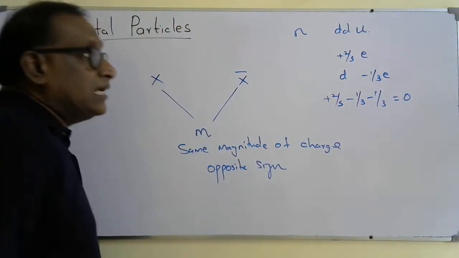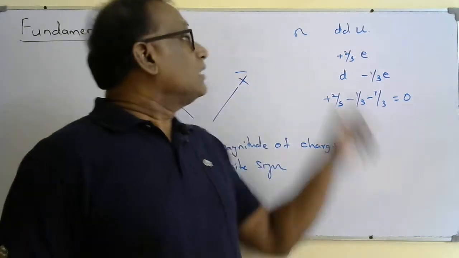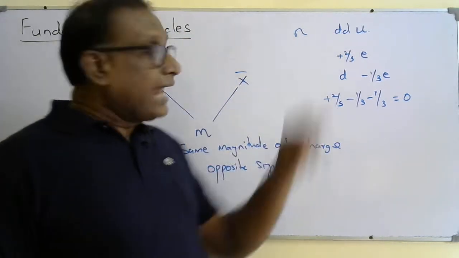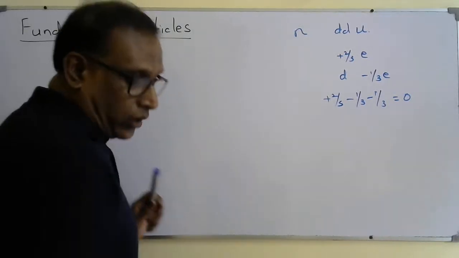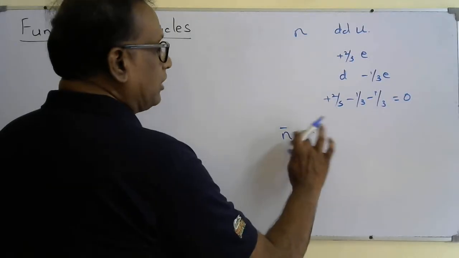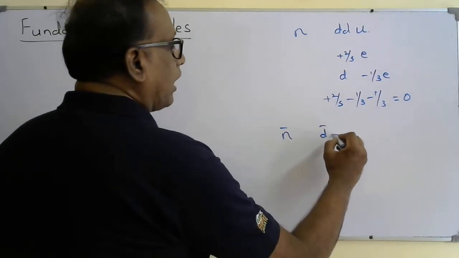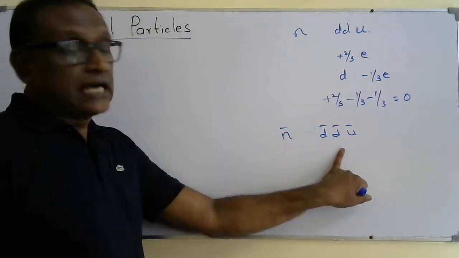That's the reason the charge of neutron is 0. But antineutron, denoted by n bar, is made of antiquarks: 2 anti-down quarks and an anti-up quark. What could be the charge of it?